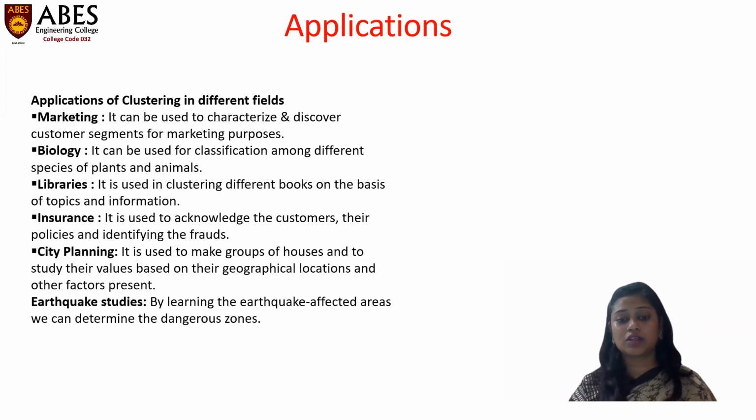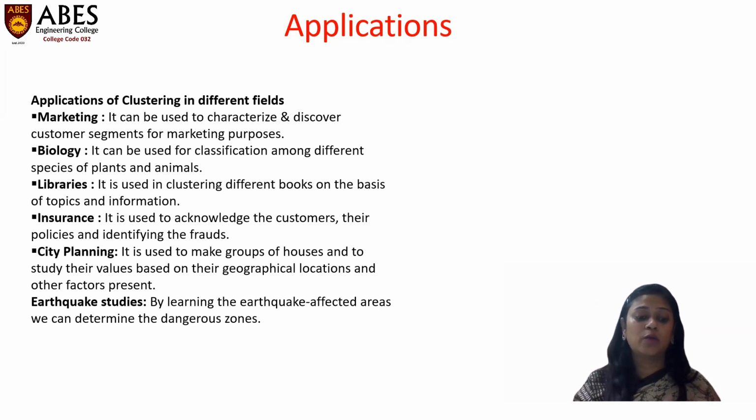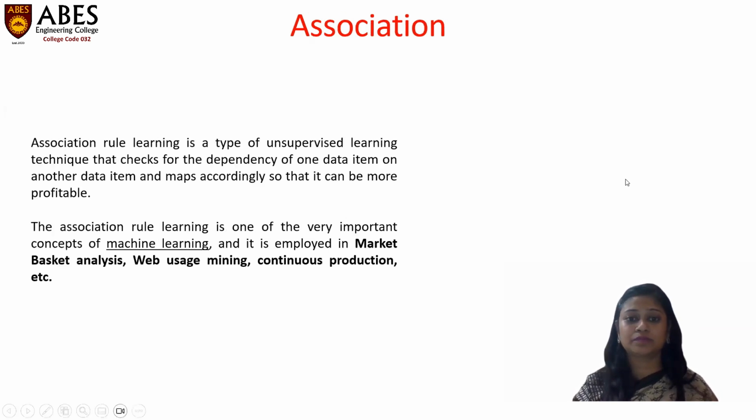In insurance, acknowledging the customers, their policies, and identifying fraud intent. In city planning, making groups of houses based on their value and geographical suitability, and green concepts should be there. We can also do earthquake studies, identifying earthquake affected areas and danger zones.